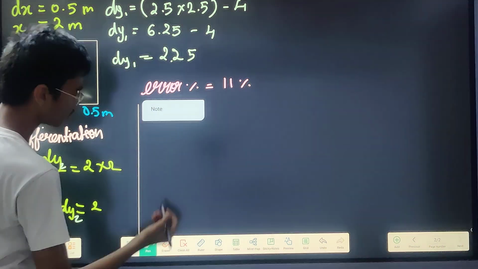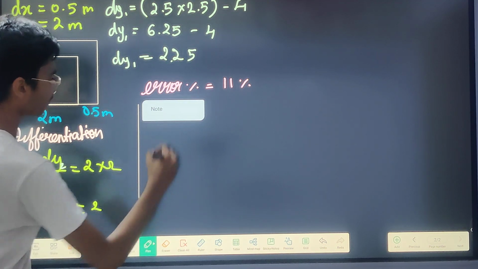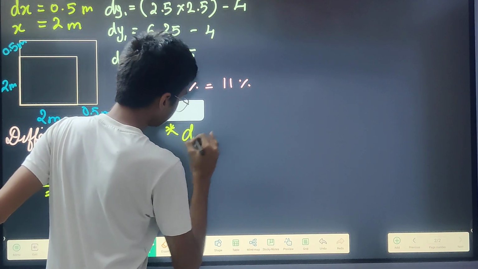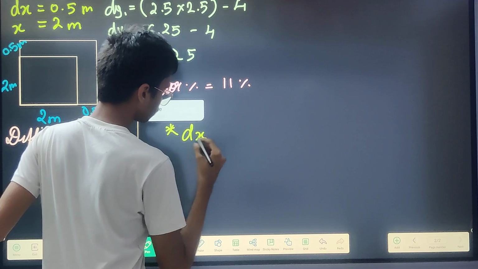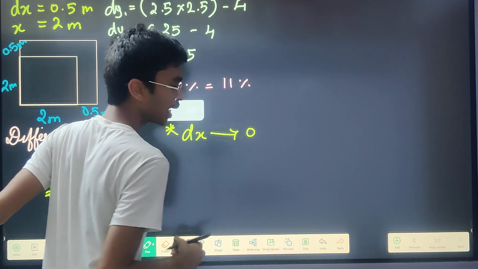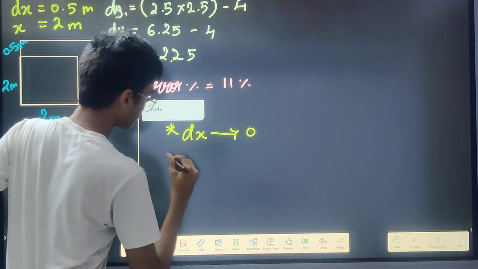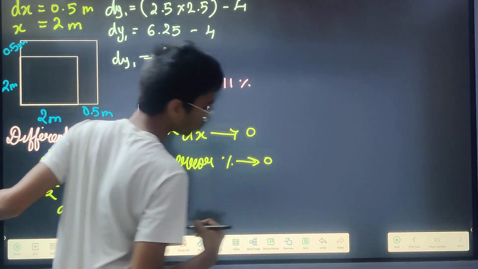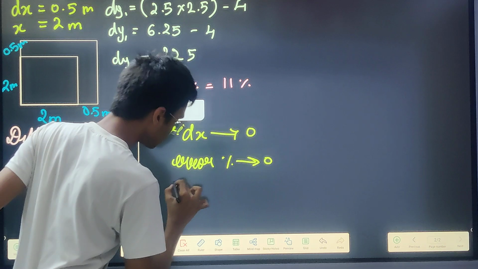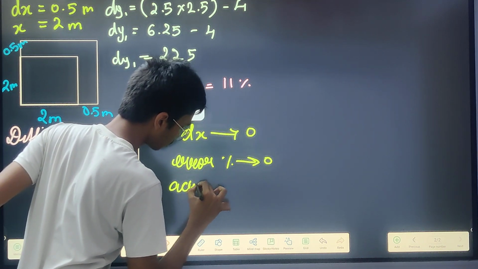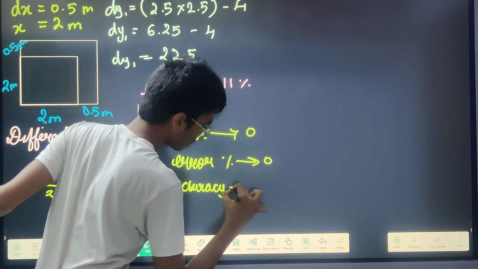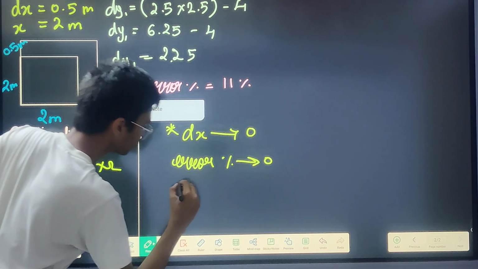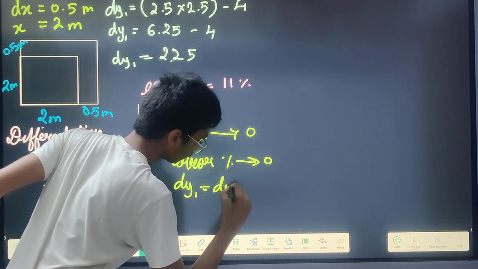That point is, if dx is tending towards 0, then the error percentage will also be tending towards 0. Then the accuracy will be high, and dy1 will be equal to dy2.